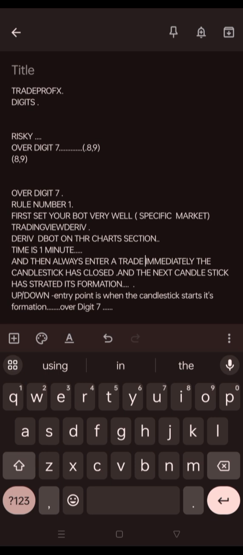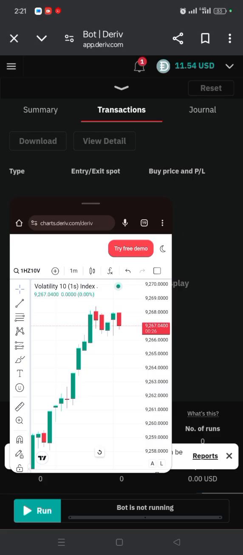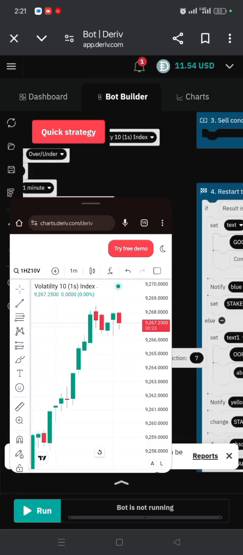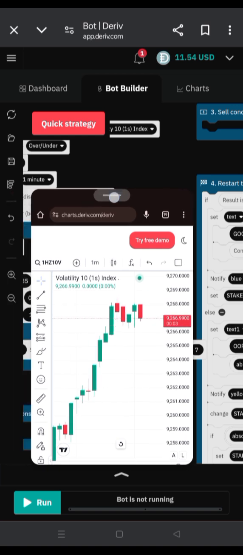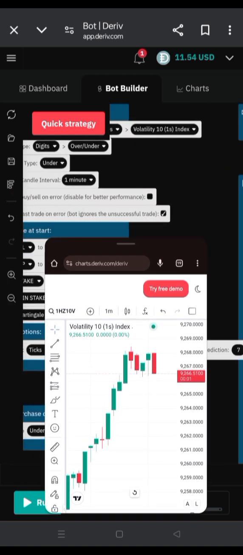Let's now dive into the real trading part and follow all instructions as I've said. So now here we set everything as expected. Set digit 7, then market over 7, and you can see the candlestick is 2 seconds remaining, 1 second.